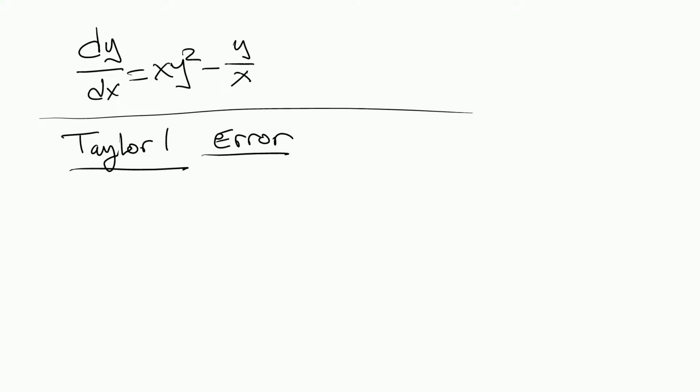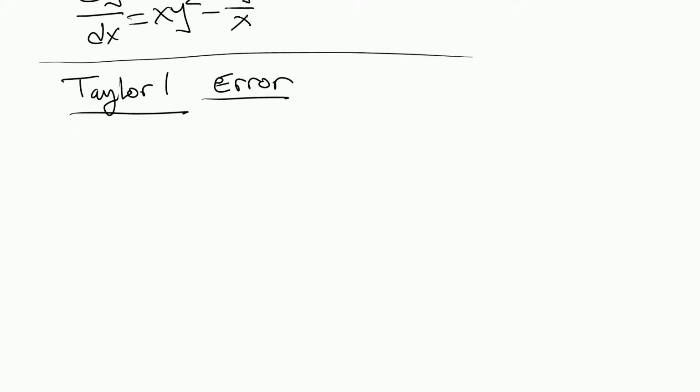Now here's the trick, since we're using a Taylor series, you already know about the error. Well, maybe you do, maybe you don't. Let's find out. So if we have a Taylor series or a Taylor polynomial, T1, is equal to the first order Taylor polynomial.